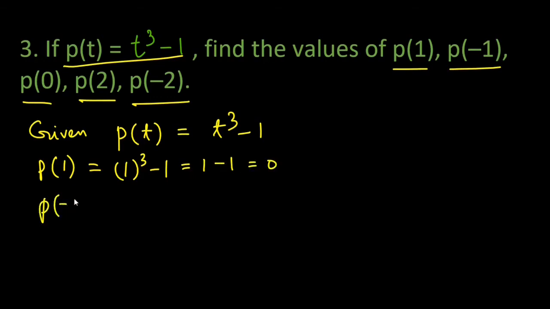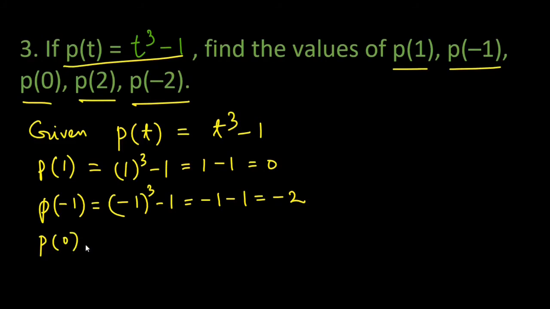P of minus 1 is equal to minus 1 whole cube minus 1. Minus 1 cubed is minus 1. Again minus 1. This becomes minus 2. P of 0. So substitute 0 in place of t. 0 cubed minus 1.